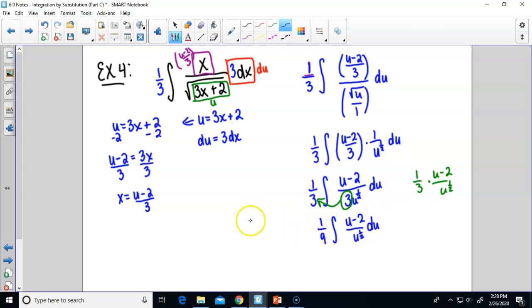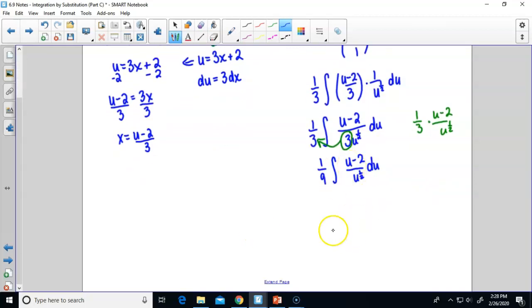Now I still cannot integrate that because I've got a fraction. So what could I do at this point? You can use a negative exponent, or you can do a love connection here. So either one will work.